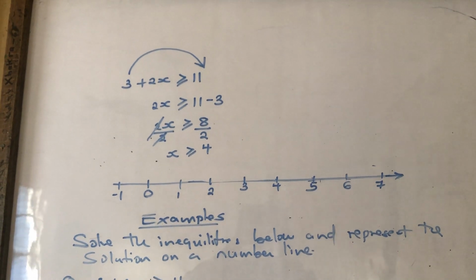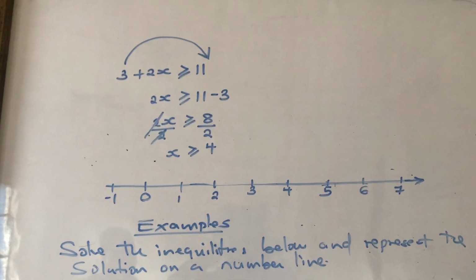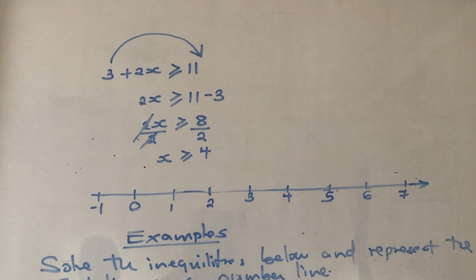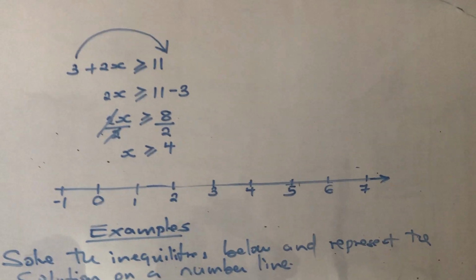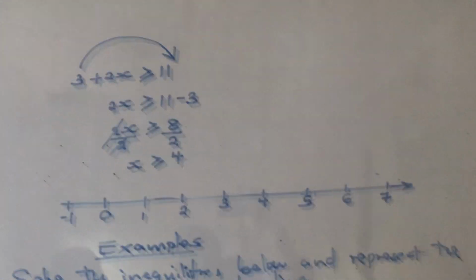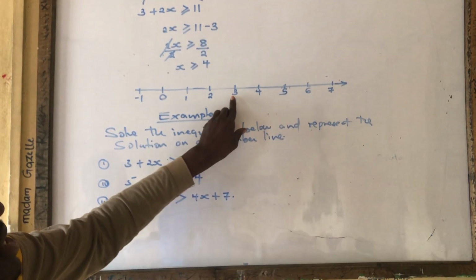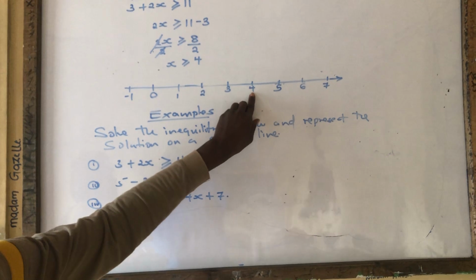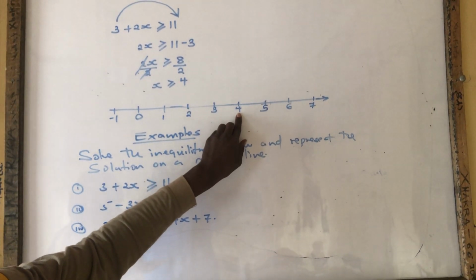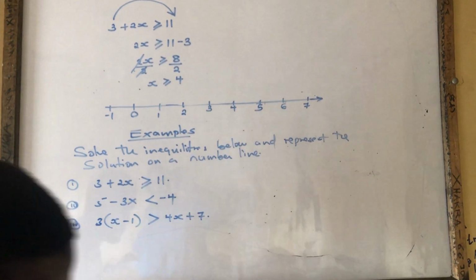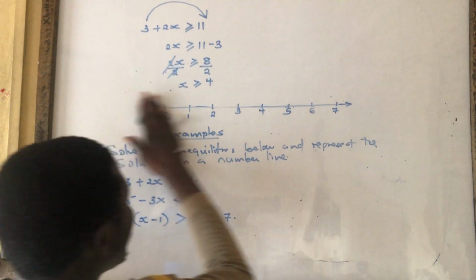When you say that x is greater than or equal to 4, which numbers are we referring to? These numbers could be the 4 itself. Why the 4 itself? Do you remember?